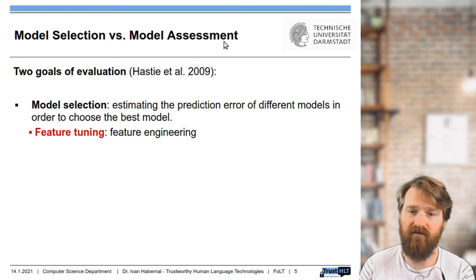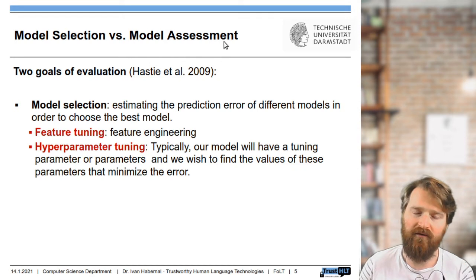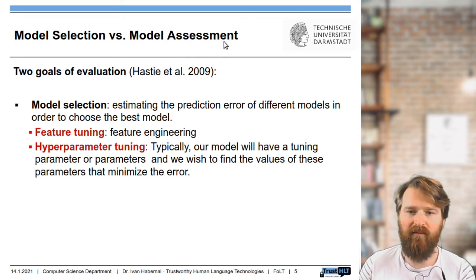We also want to tune some features. For example, feature engineering, as we talked about last time, could be a manual effort, and we want to make sure that the features we are adding actually help the system to learn better and not make it worse. Or we want to tune hyperparameters. A hyperparameter could be some constant, for example the size of the vocabulary.